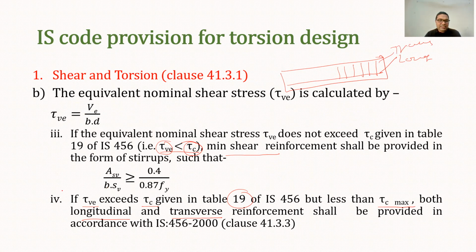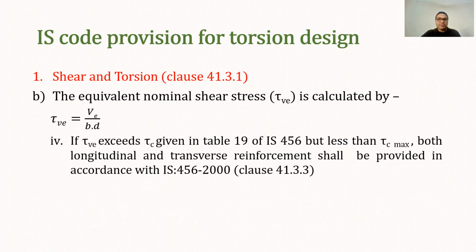So when case 4 occurs, we have to provide longitudinal as well as transverse reinforcement. Considering that we have case 4, what do we do next? We have to design the longitudinal and transverse reinforcement, so now we will see how to design them.